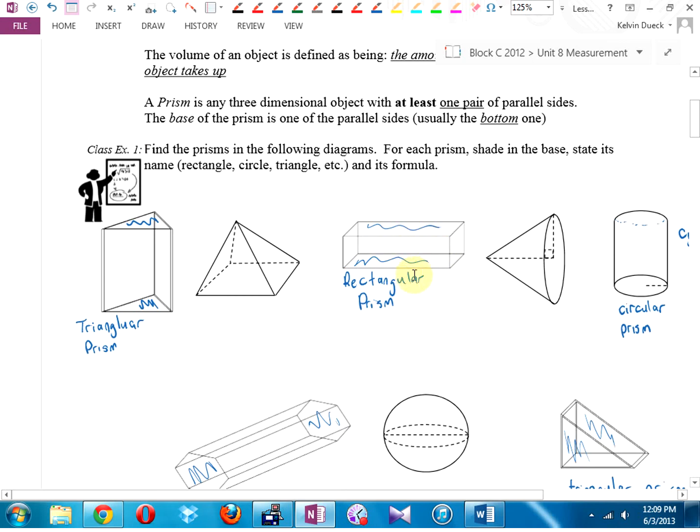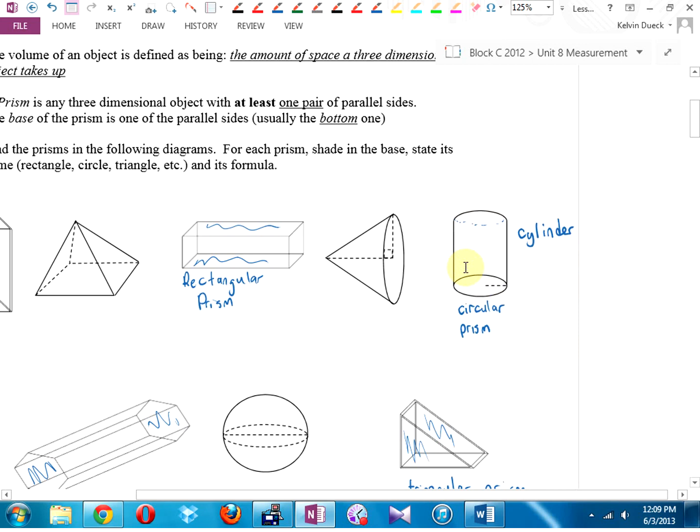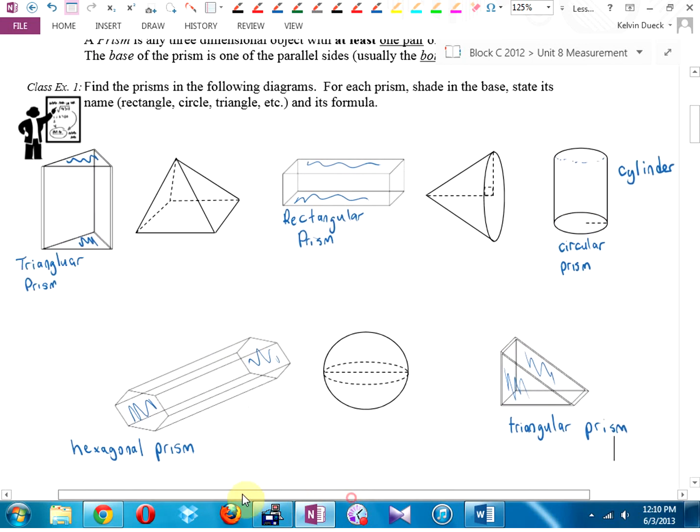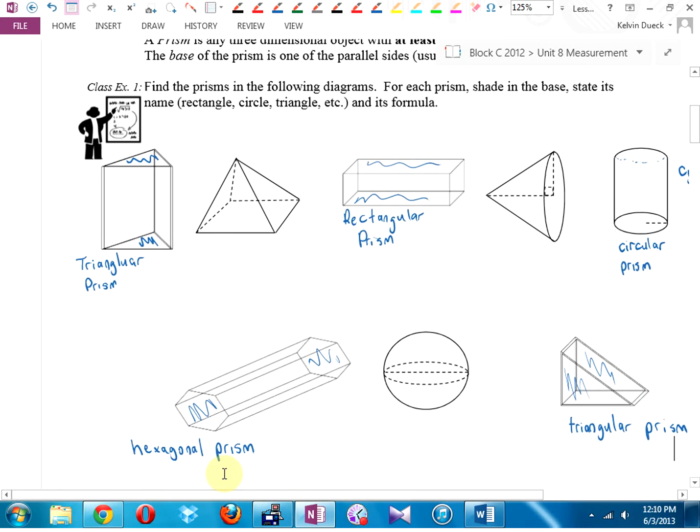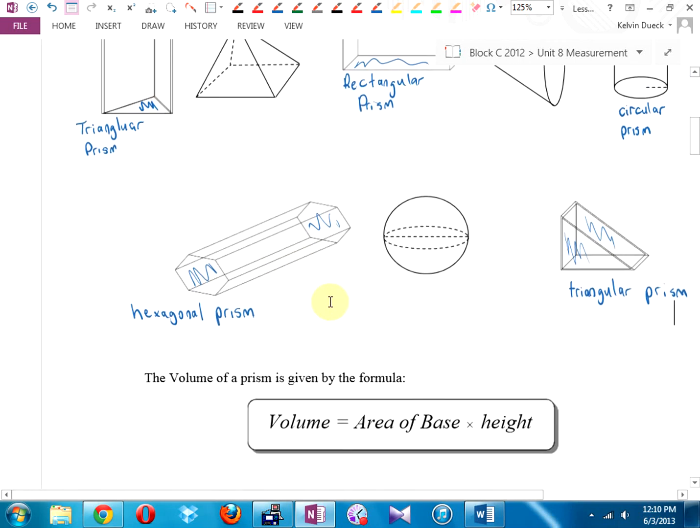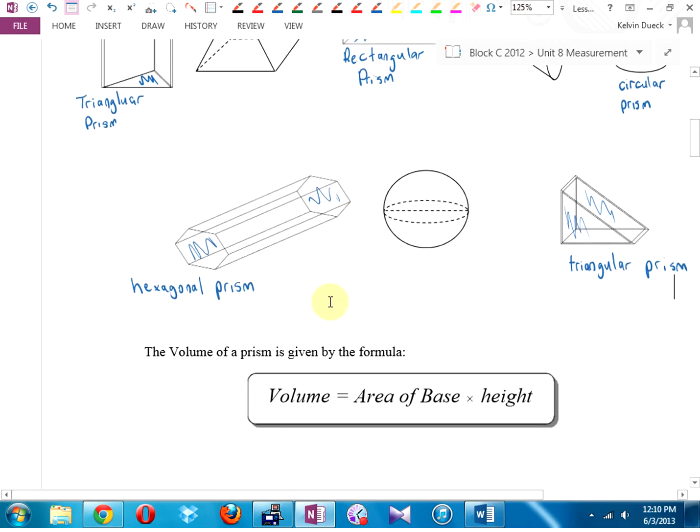The area of the rectangle times how high it is. The area of the circle times how high it is. Flip this guy on end, the area of the hexagon times how high it is. This is every volume of a prism. Really what that means is you're going to need to know or figure out from the sheet what the area of the bases are.